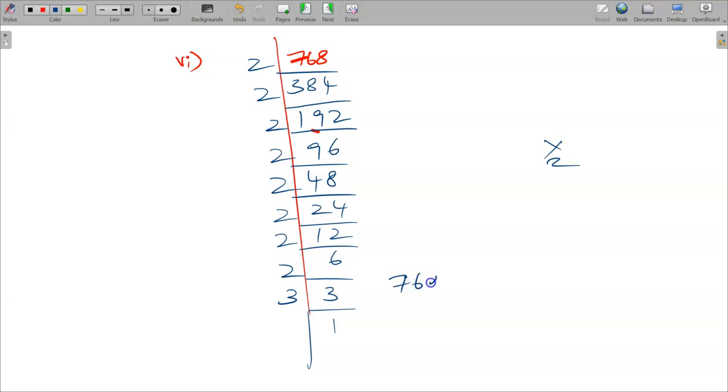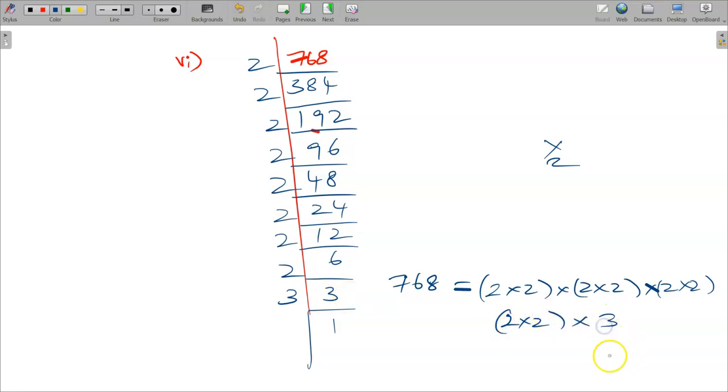So 768 can be written as 1 2 3 4 5 6 7 8 2s, and each 2 you can make a pair. And finally I have 3. So only 3 has no pair.